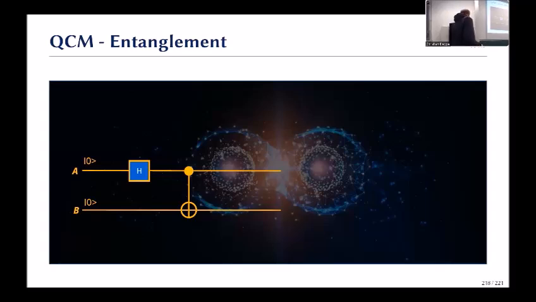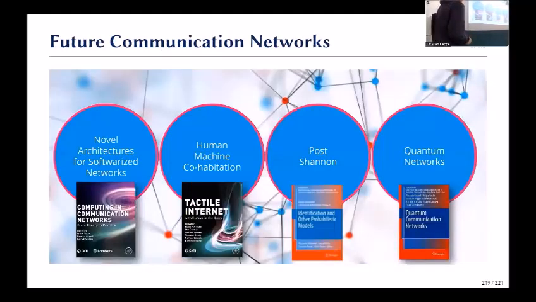So that might be one goal, and that would be nice if we can also use these sources for post-Shannon theory, of course. There are already some books, which are written by the people of this tutorial who are involved in it. You see, there's a book about novel architectures and softwareized networks. There, Fitzek is the expert in it.